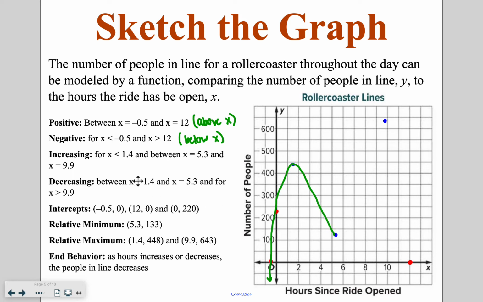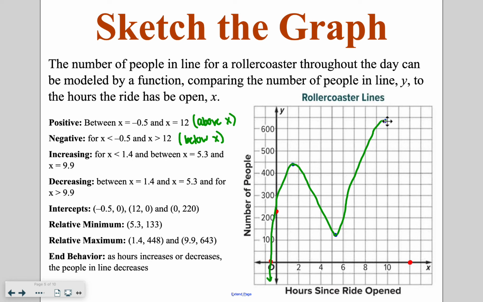Once I hit 1.4, I'm decreasing until I hit 5.3. At which point I hit a relative minimum and turn back up to increasing all the way over to my x value of 9.9. Once again, increasing between 5.3 and 9.9.